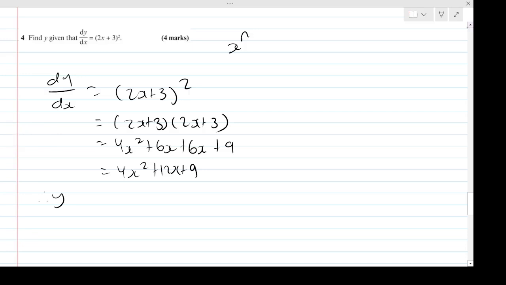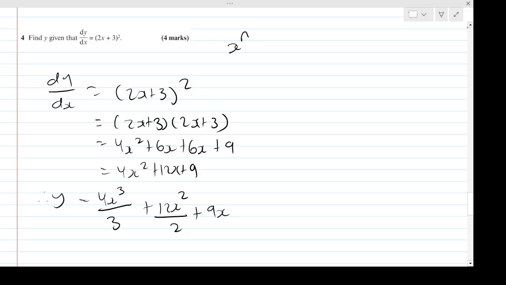Therefore, y, if I integrate 4x squared, well, 4x, we add 1 to the power, so we get 3, divided by the power 3. Then for 12x, it's 12x has a power 1, 1 added 1 is 2, then we divide by 2. Then 9, again, well, at this point, hopefully you can start to recognise that really, 9x will just go to 9x.